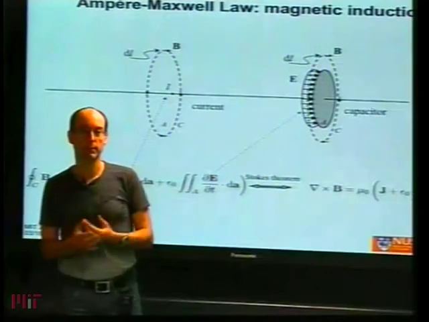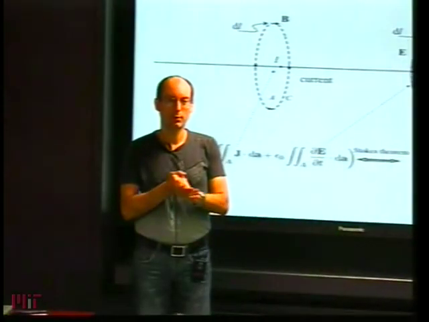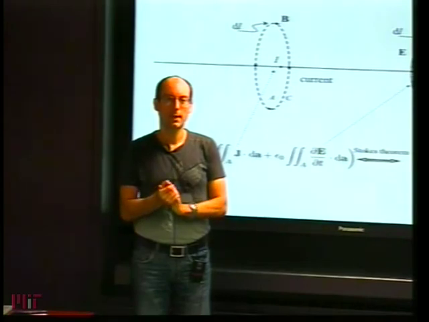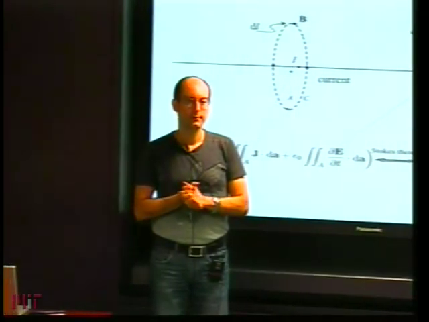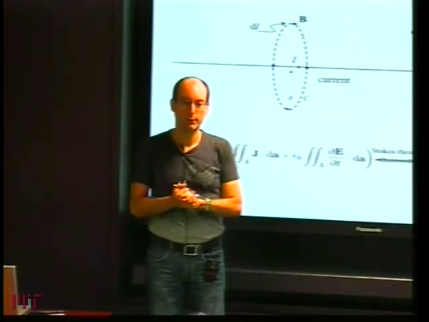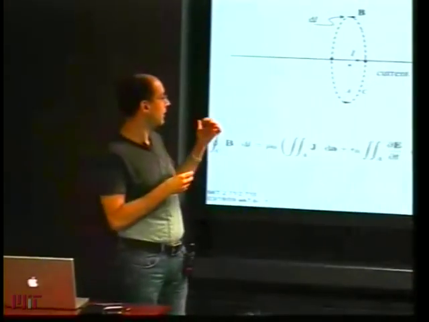Maxwell, by the way, do you know what was his day job? James Clerk Maxwell? He was a fluid mechanician. He was studying flows. And that's why the notation in electromagnetics is very similar to the fluid mechanics notation.